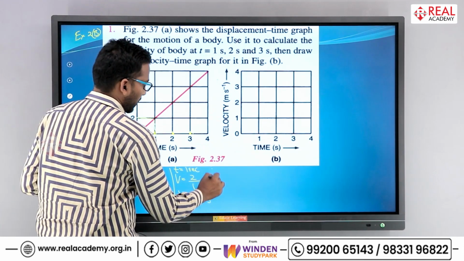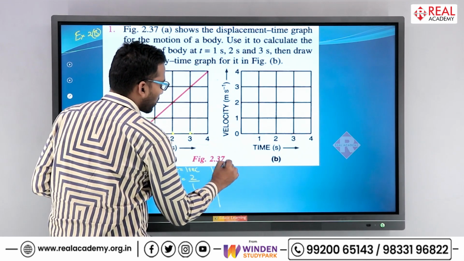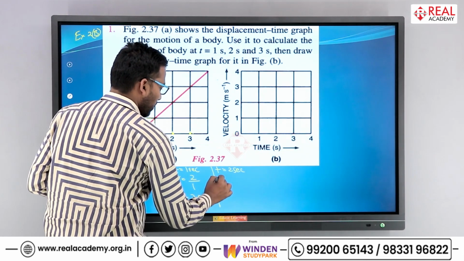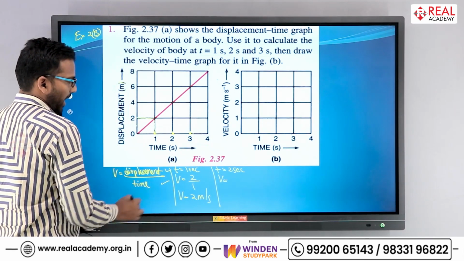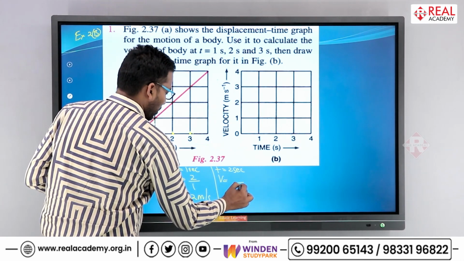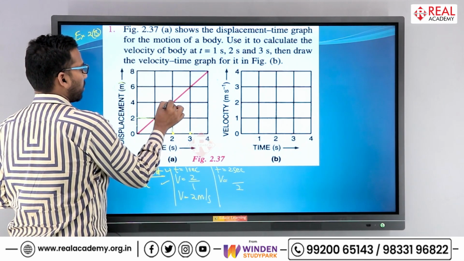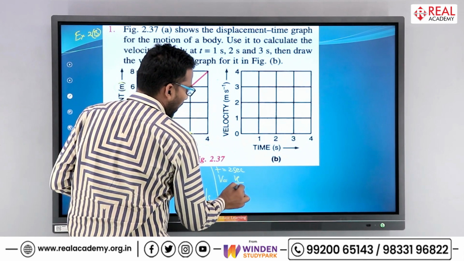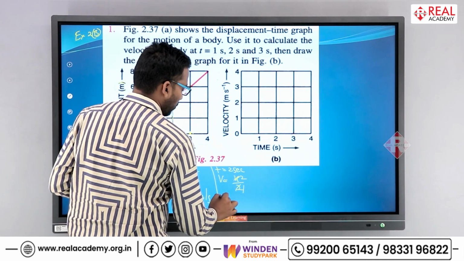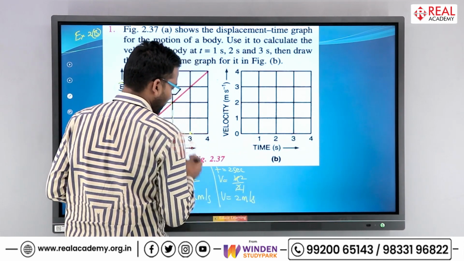Very good. Then what about t equal to 2 seconds? The formula is displacement upon time. For 2 seconds the displacement is 4 meters. Again, 2 ones are 2, 2 twos are 4. The velocity is 2 meter per second.